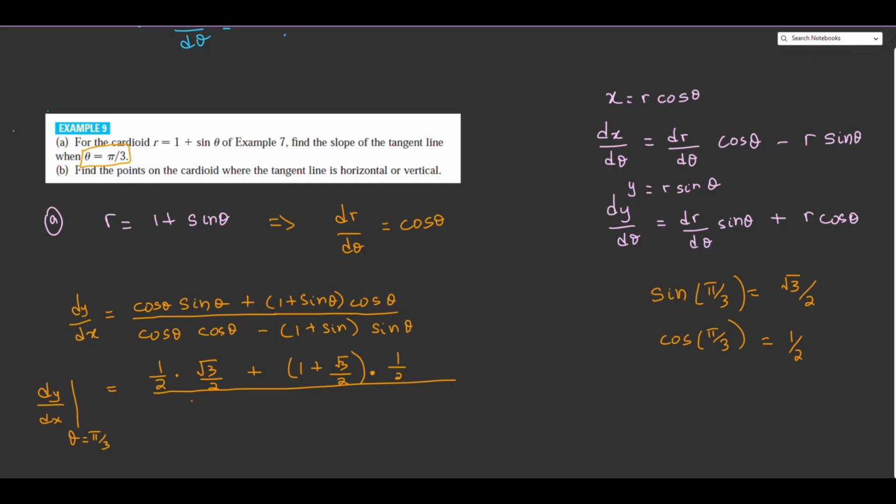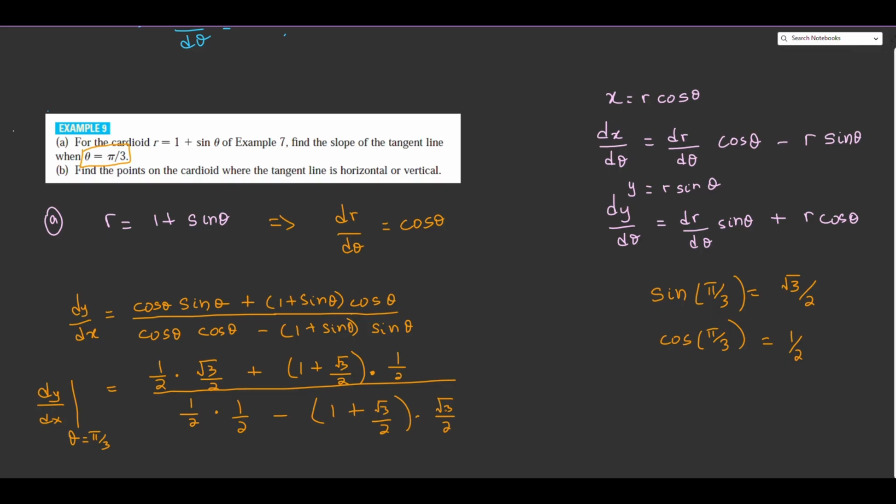In the denominator, cosine theta is 1 by 2 multiplied with 1 by 2, minus 1 plus square root of 3 by 2 multiplied with square root of 3 by 2.